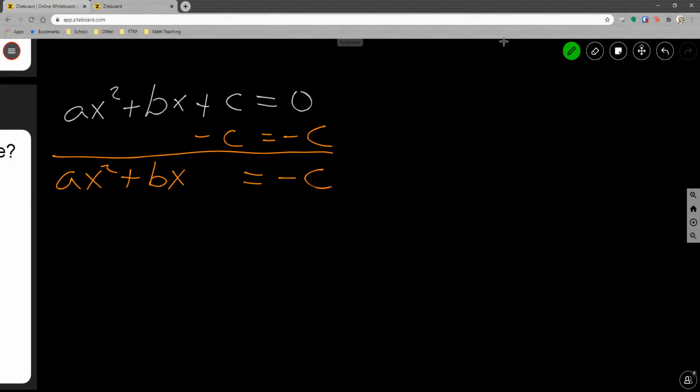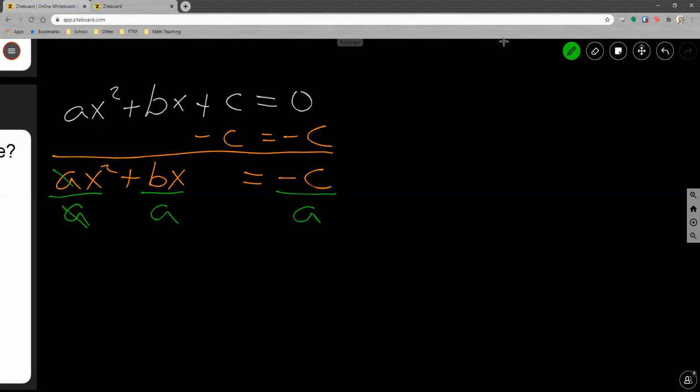We've got to get x by itself, though. Well, the next thing I'm going to do, remember when I'm completing a square, it's much easier when x squared is just x squared, without a different number in front of it than 1. With 2x squared, 3x squared, or whatever, it makes it kind of difficult. So we're going to divide both sides of the equation by a, to get that a away from the x squared.